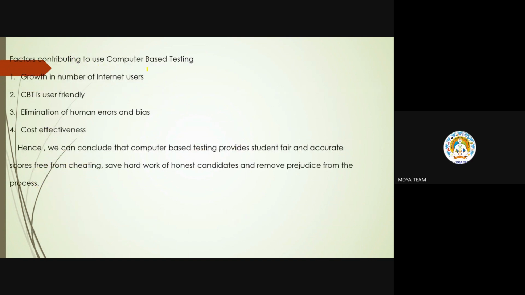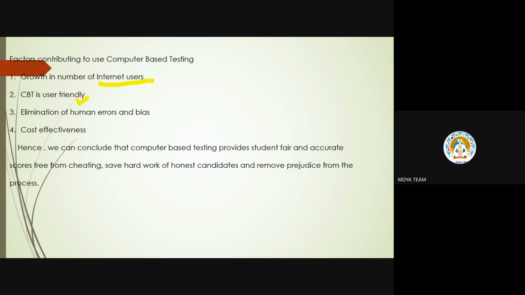Factors contributing to the use of computer-based testing, like why India is switching to CBT. Growth in the number of internet users: nowadays in every home, you will find a smartphone with an internet connection. Since Digital India is booming, it is also a factor to use CBT. CBT is user friendly.